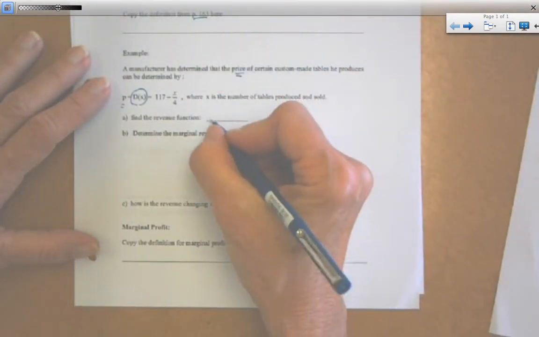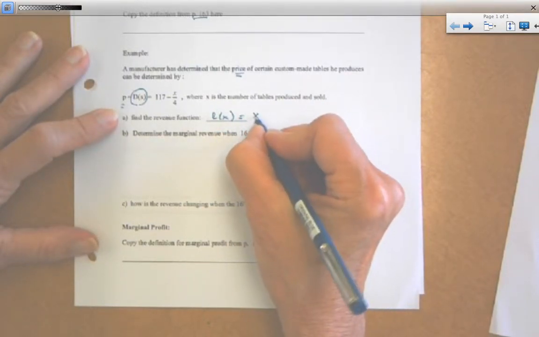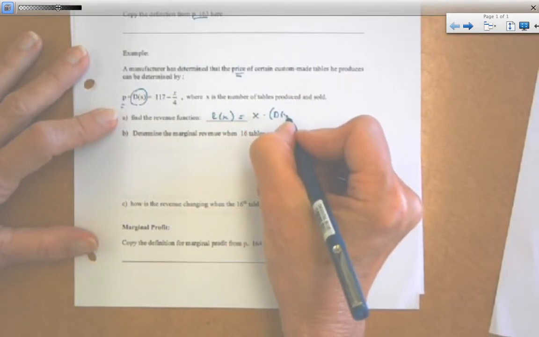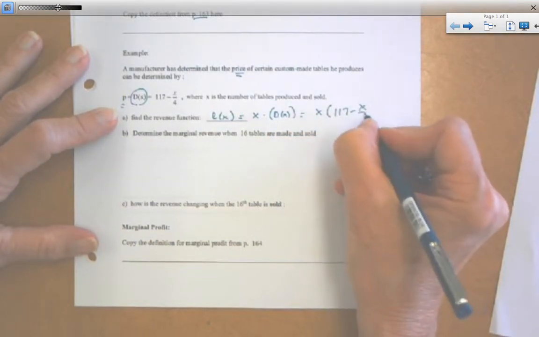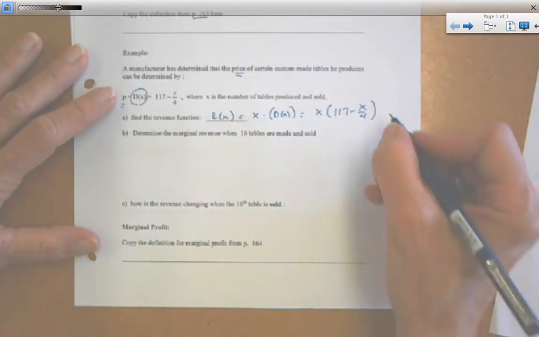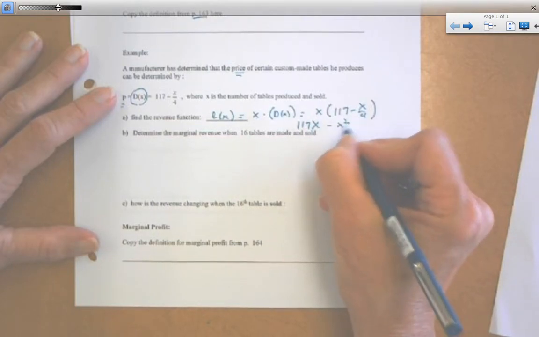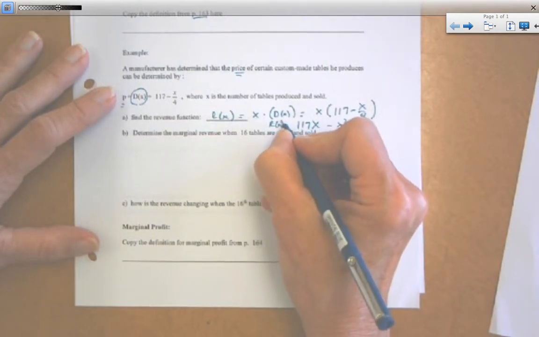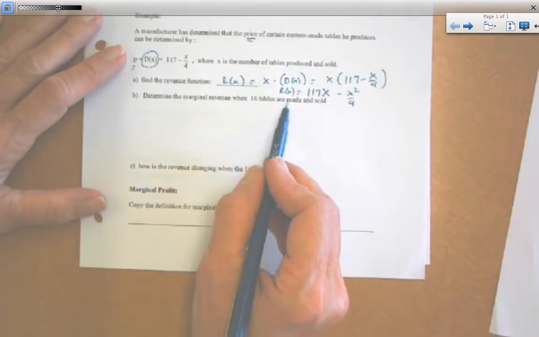So the revenue is X times D of X, which is X times 117 minus X over 4. Simplifying that, that's 117X minus X squared over 4. And that's revenue.